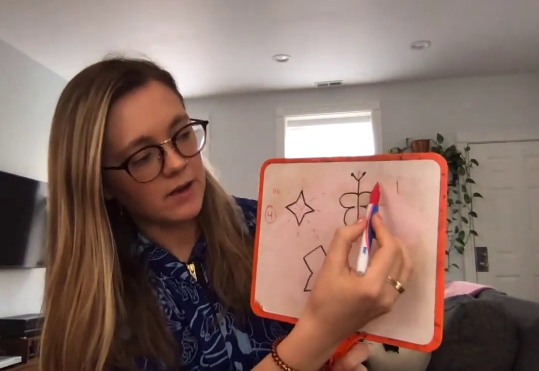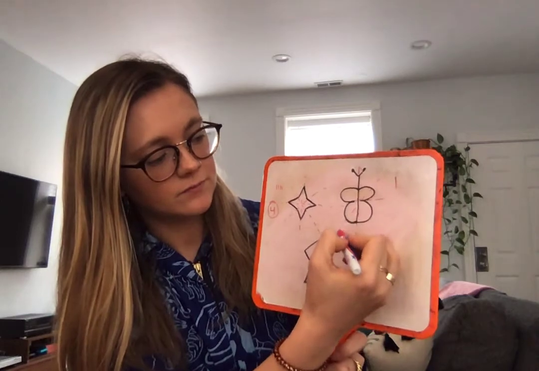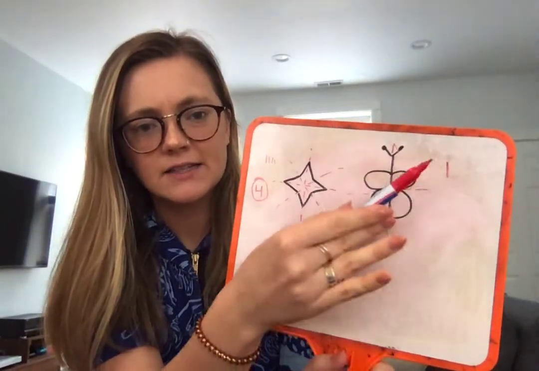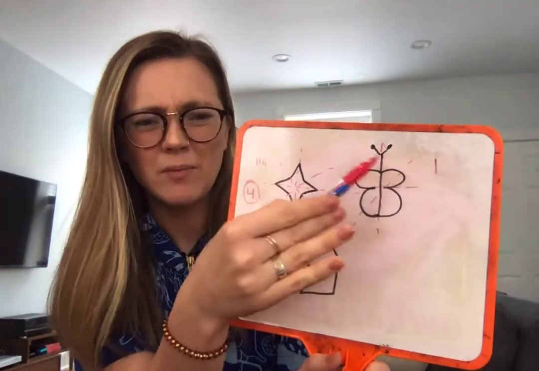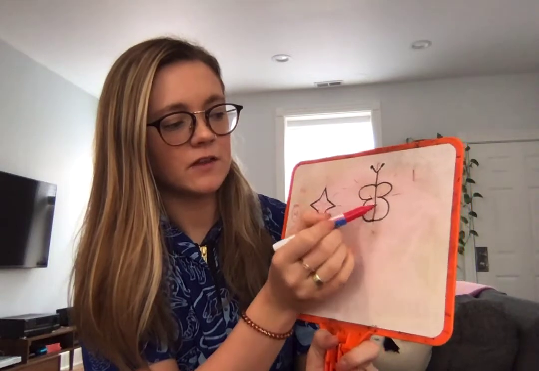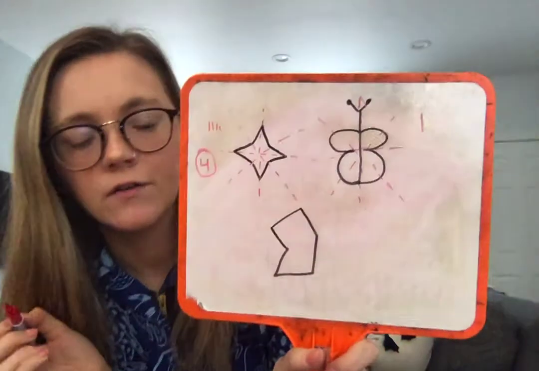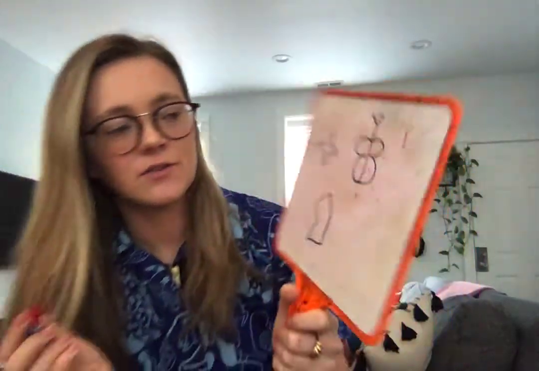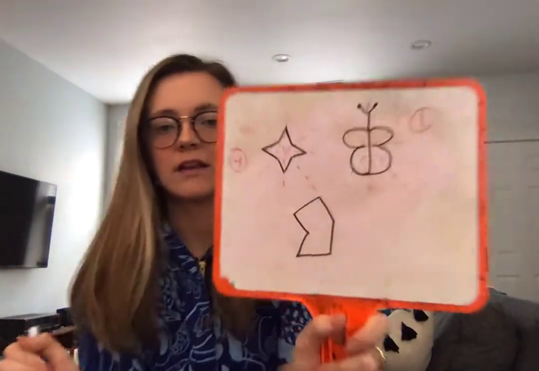Yes. And let's think about diagonal. If I folded it diagonally, does it look the same on this side as it does on this side? No. Up here we have antennas. Down here we have no antennas. And the same is going to be true for this diagonal. So this one just has one line of symmetry.